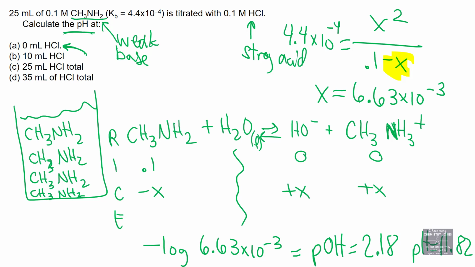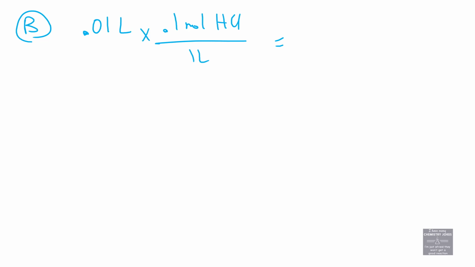B says 10 milliliters of 0.1 molar HCl has been added. We're going to switch colors so we can maybe follow along a little easier. Point B, 10 milliliters of 0.1 molar HCl has been added. So that's 0.01 liters of HCl times 0.1 moles of HCl per 1 liter equals 0.001 moles of HCl.